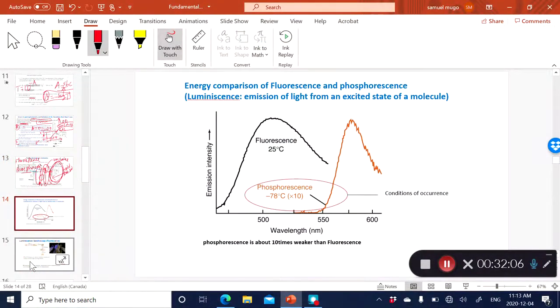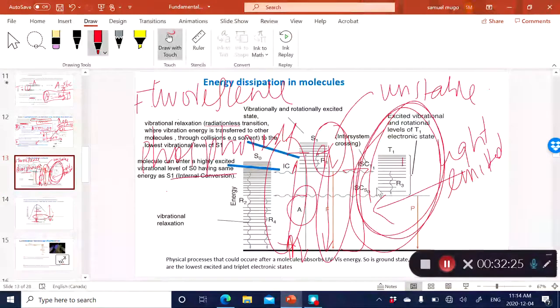So look at the emission spectra of phosphorescence compared to fluorescence. As you can see, fluorescence is of higher energy compared to phosphorescence. Because if you look at the Jablonski diagram, the intersystem crossing also results in loss of energy.